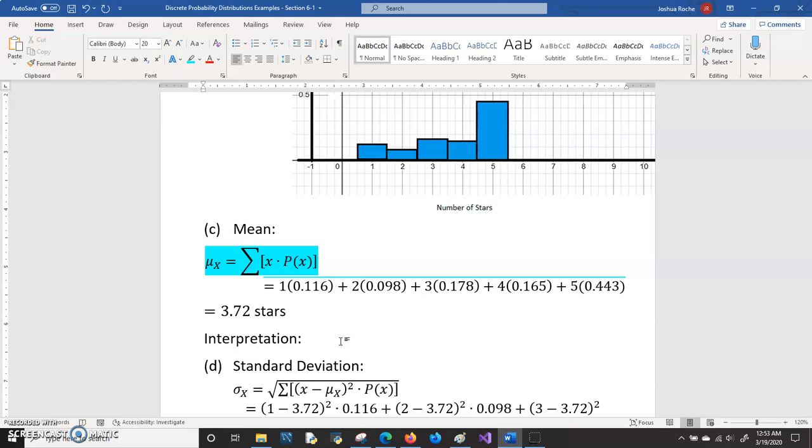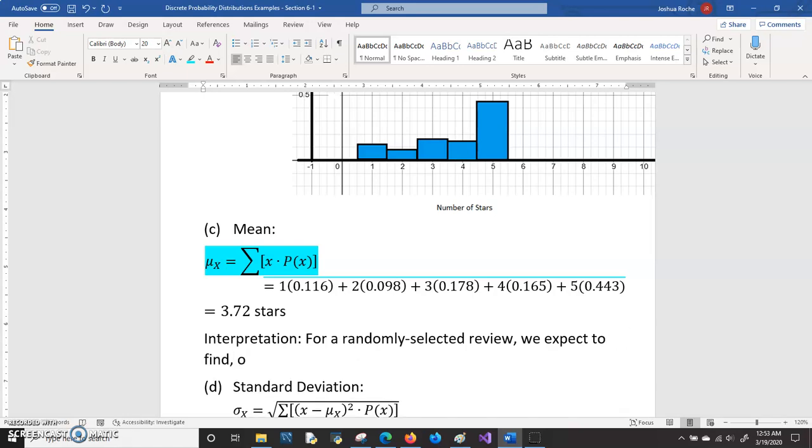So you would say something like, for a randomly selected review, we expect on average 3.72 stars.